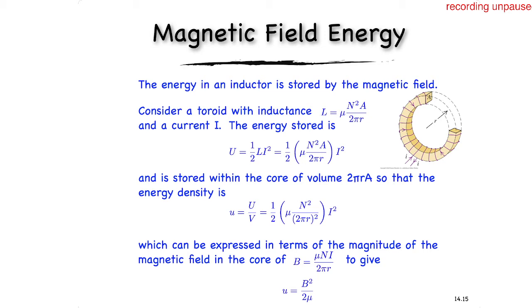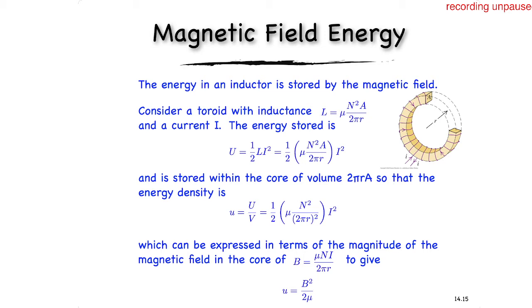And the volume of that core, if we unwrap it, is like a box that has a cross-sectional area A, right here, and it has a length of 2 pi r. So if I divide the energy by the volume, I'm going to divide out the A, and I'm going to divide by a factor of 2 pi r. So I go from 2 pi r in the denominator to 2 pi r squared in the denominator. And now that's the energy per unit volume.